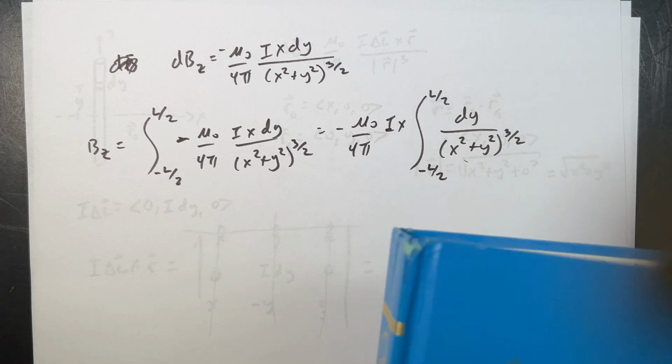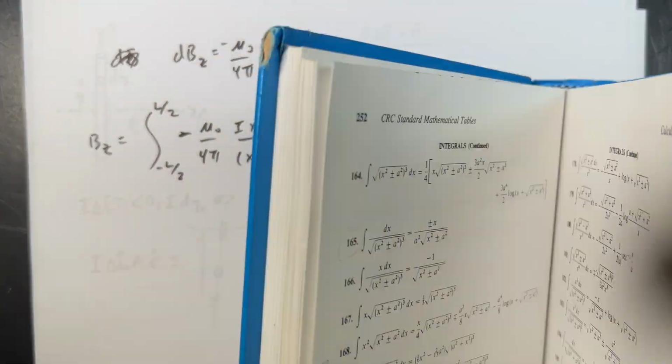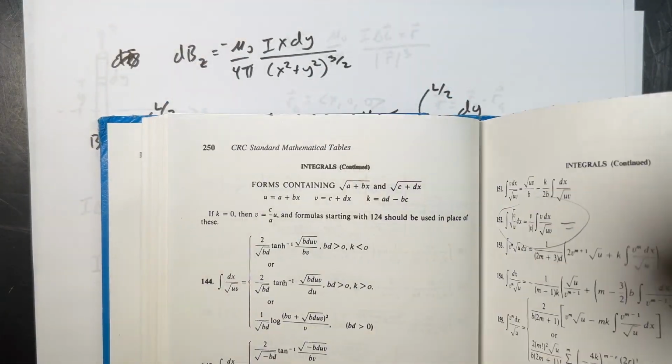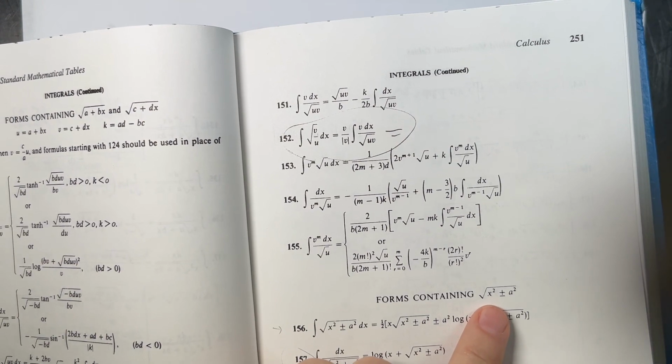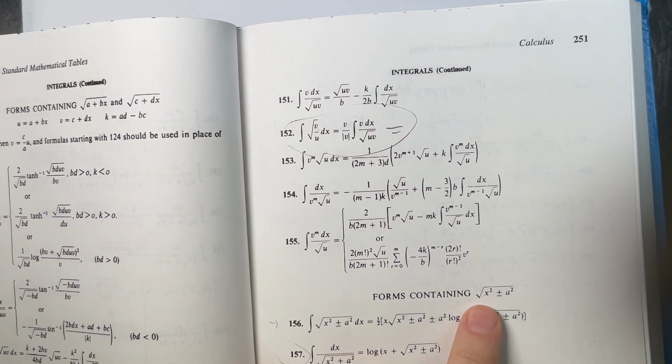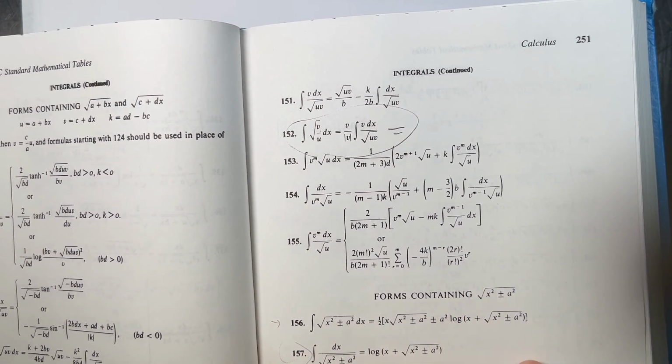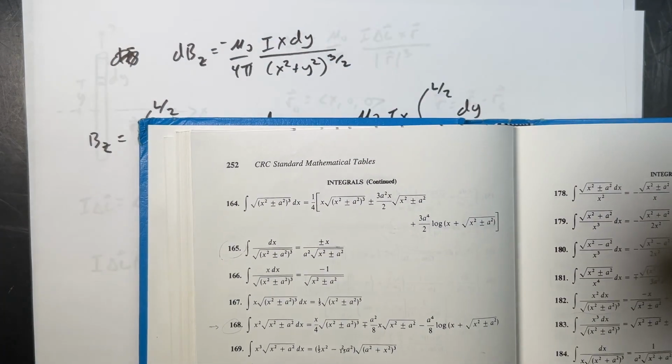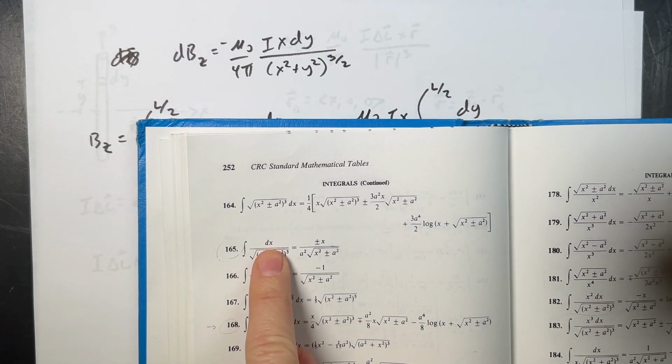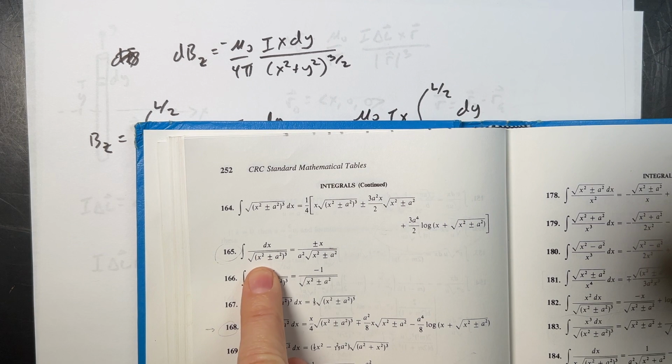I'm pretty sure this is the one I have. It's the 28th edition. And when you look through here, I'm looking for forms containing the square root of x squared plus a squared. And this, I have dx over the square root of x squared plus a squared cubed, which is to the 3/2.